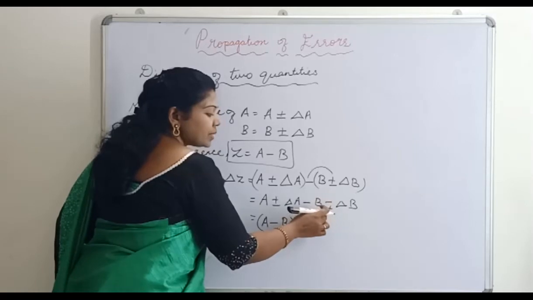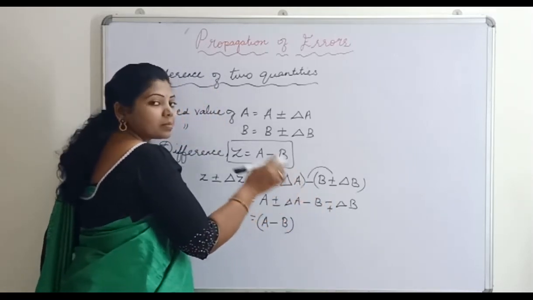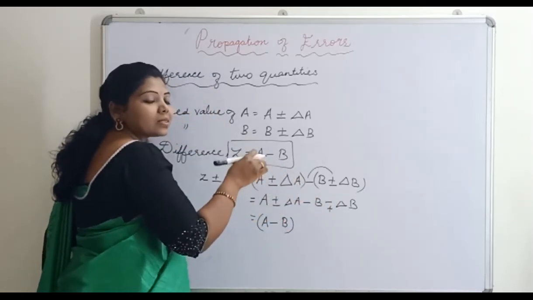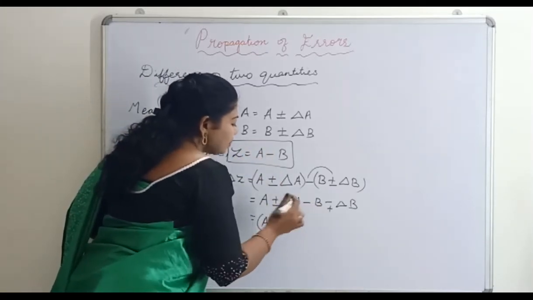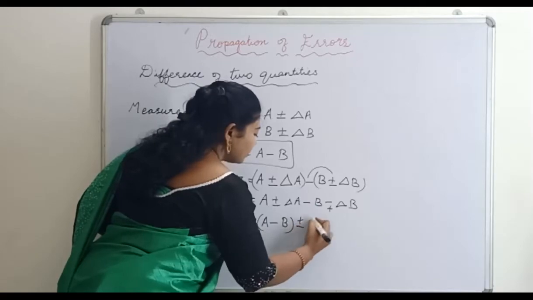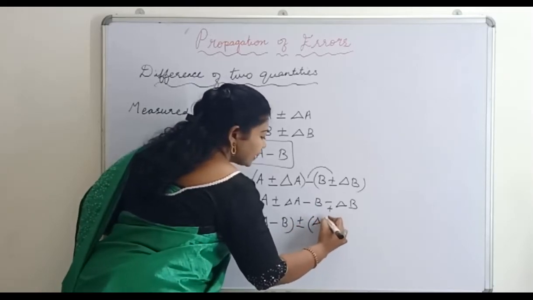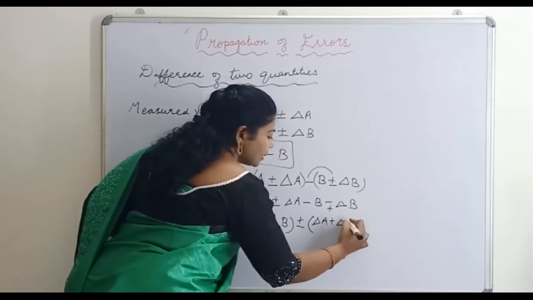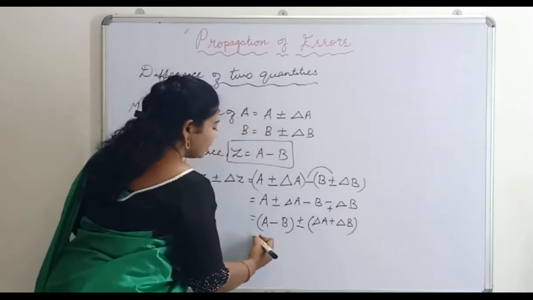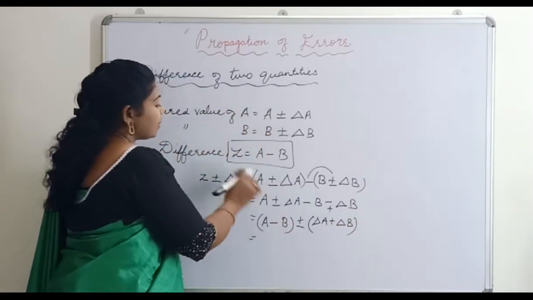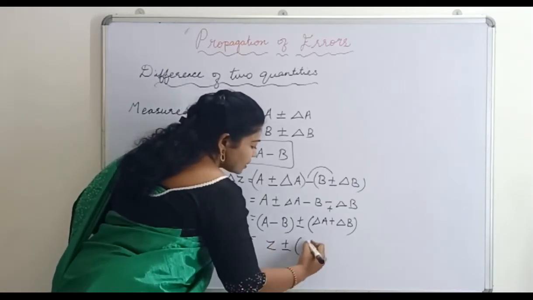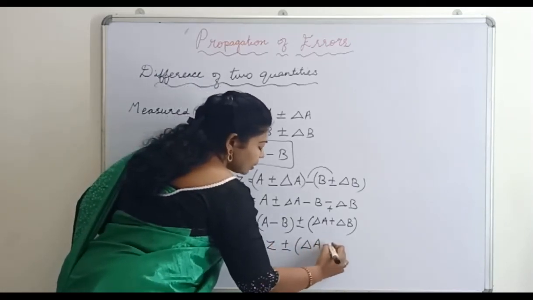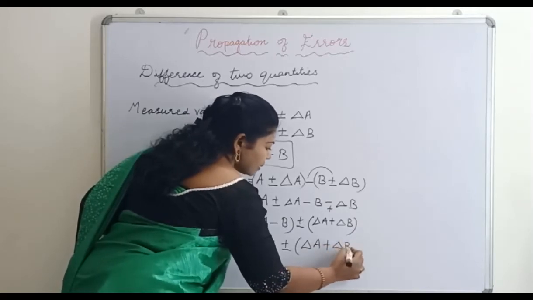Minus of plus is also plus or minus, and minus of minus is also plus or minus, so both are the same. So plus or minus can be taken in common, and we get delta A plus delta B. What is A minus B? A minus B is Z. So Z plus or minus delta A plus delta B.